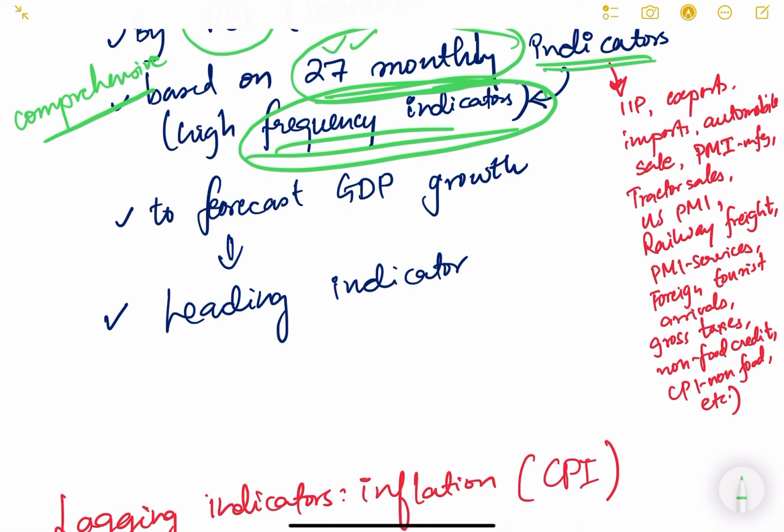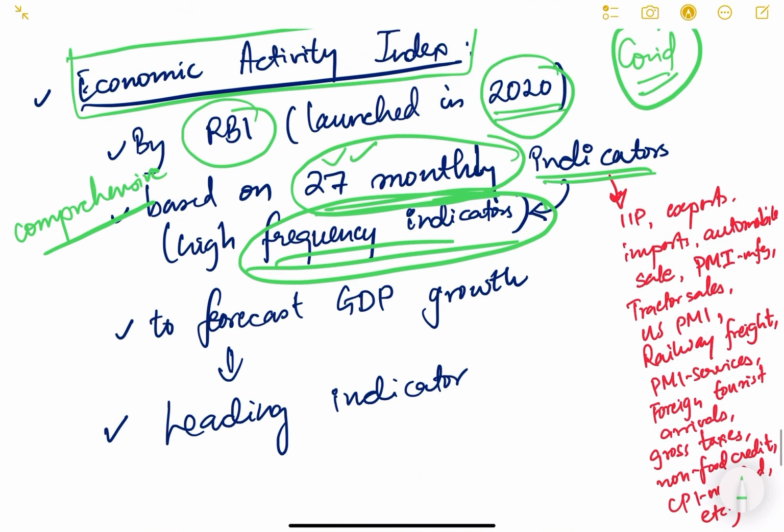Now some of these indicators I have mentioned here. What different indicators does RBI look at in order to compile this economic activity index?